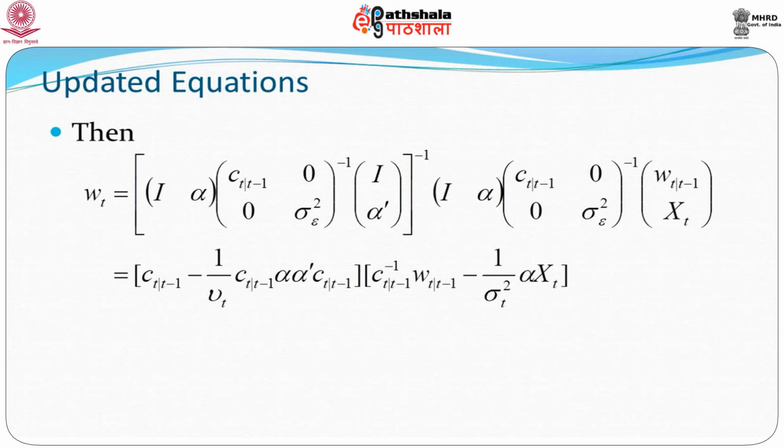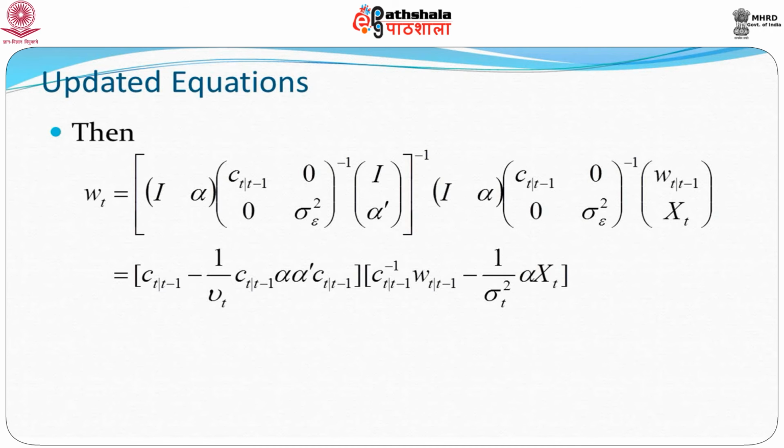That would be your x's in fact. So, x prime into sigma inverse into x, whole thing inverse, into x prime sigma inverse, that is the variance inverse, into y. That is what we generally get, and that is how we write it.